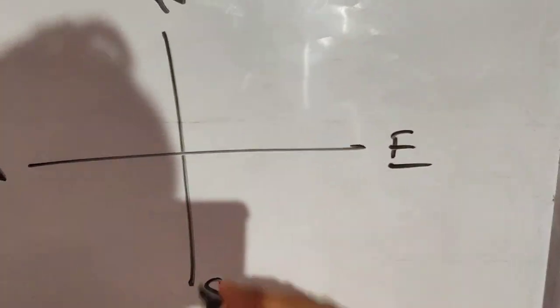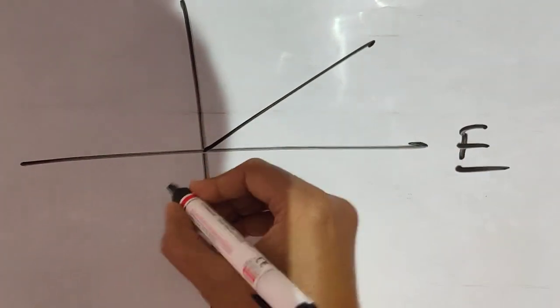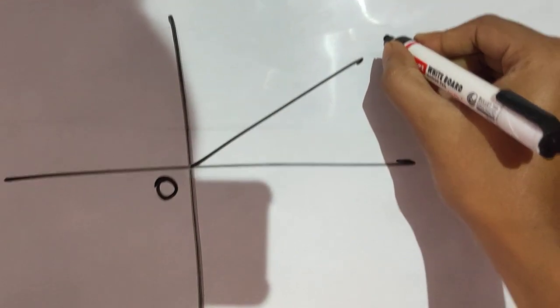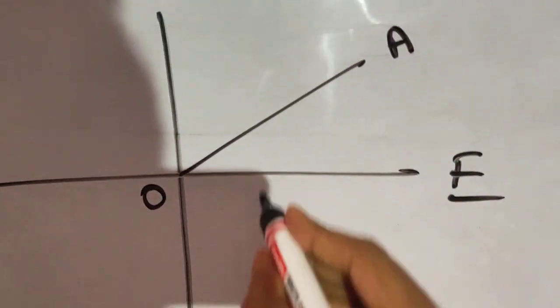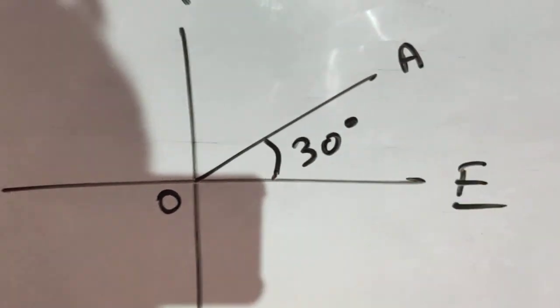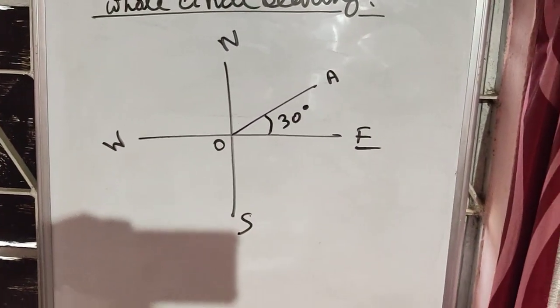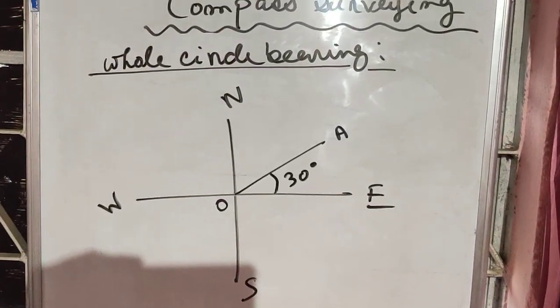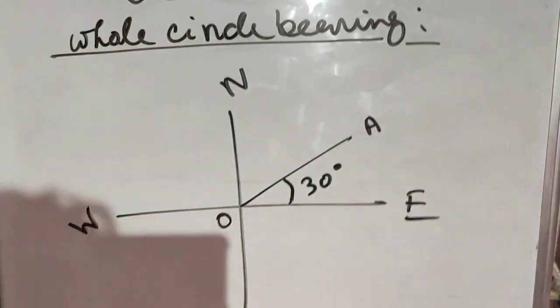Let us take some examples. Suppose there is a line OA which is making an angle, suppose this angle is 30 degrees. So what is the bearing of line OA? Again, we are dealing with whole circle bearing method.